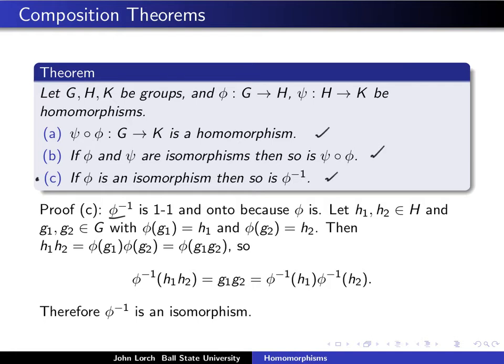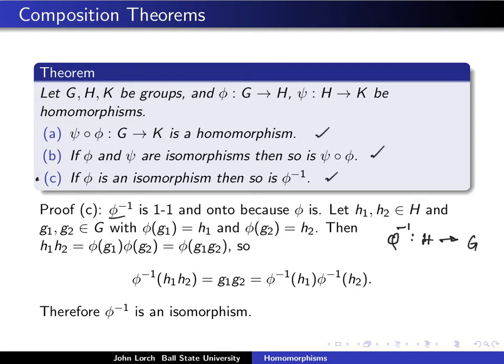So all we need to do now is show that phi inverse preserves the operation. So we start with 2 elements, H1 and H2, in H. Remember, by the way, that phi inverse sends H to G.